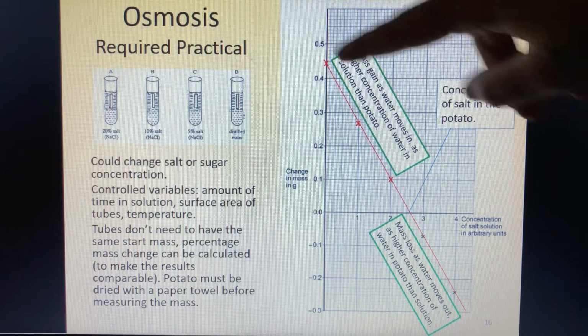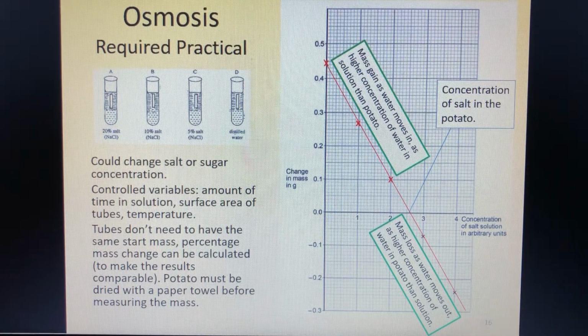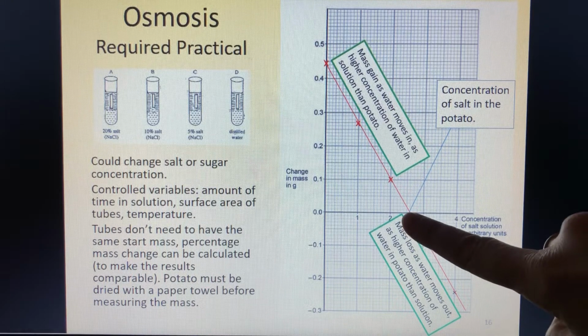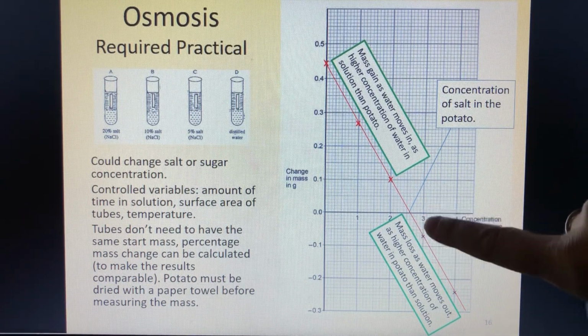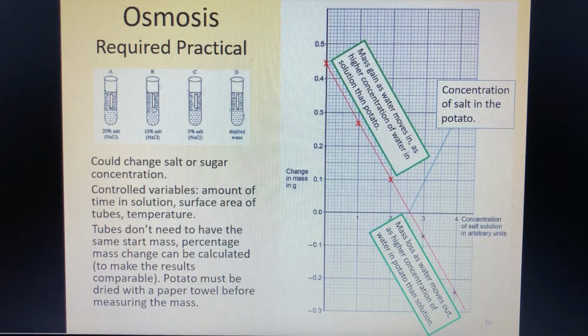And then where we draw our line of best fit, which is a really popular question, where it crosses and neither gains or loses mass, that will tell us the concentration inside that particular food. And that's really useful because when people are making that food packaging that goes in supermarkets of how much sugar is in a potato or whatever it might be, this is how they're establishing that.